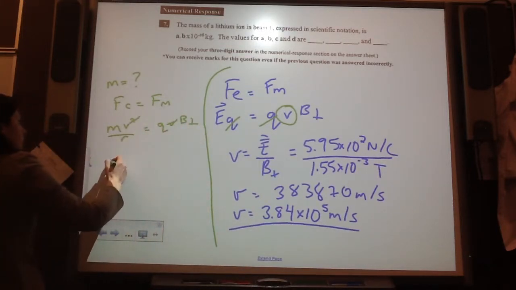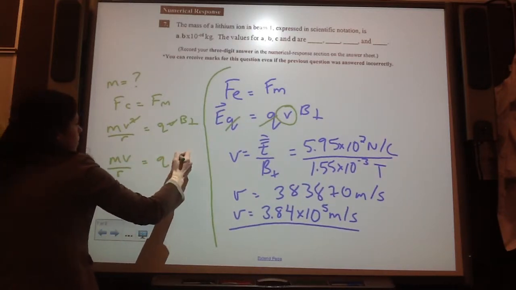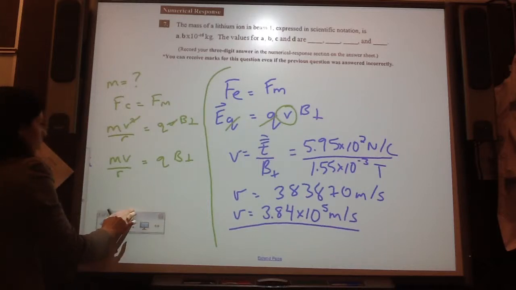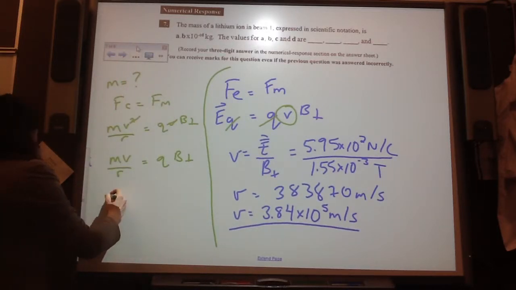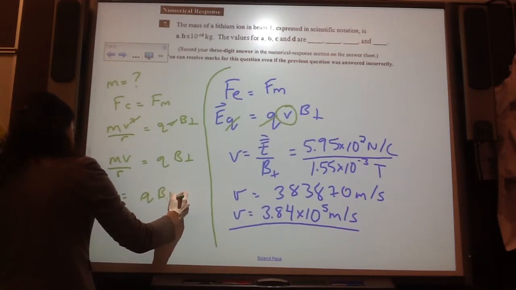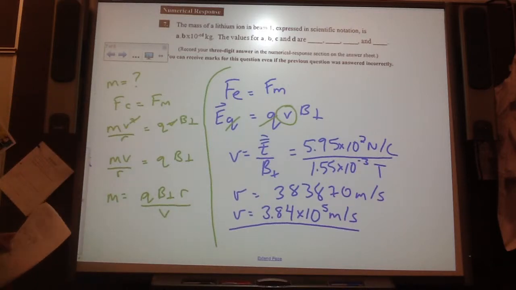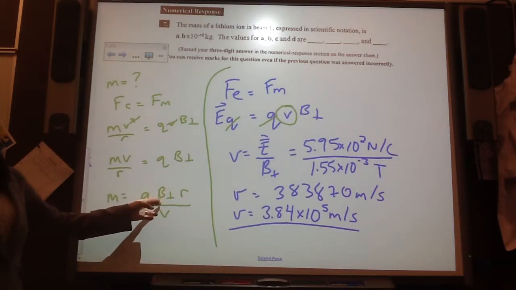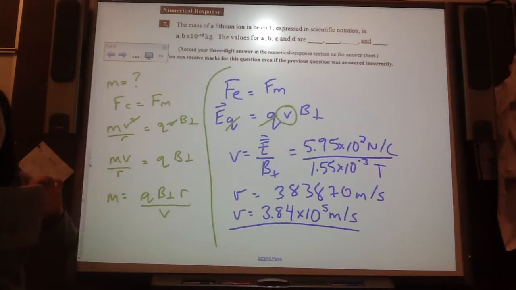These v's cross out, and I'm left with m times v over r equals q times B perpendicular. I want to solve for m, so I'm going to rearrange for that. So m is equal to q times B perpendicular times r divided by v. Again, I have to use the B perpendicular that's in the ion separation chamber now, because that's where it's experiencing that circular motion.